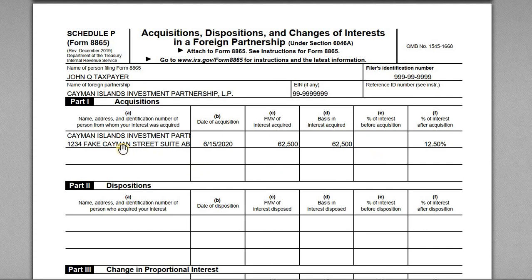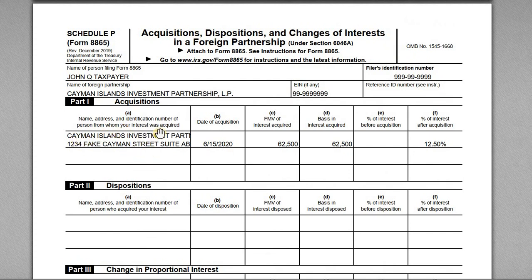So we're completing Part 1 because we acquired the units during the year. So we have John here as the taxpayer, the name of the foreign partnership again, Cayman Islands Investment Partnership LP. And in this case, we're acquiring the units directly from the partnership.